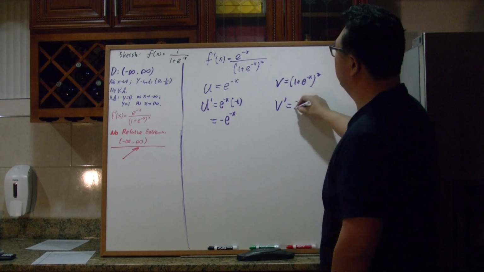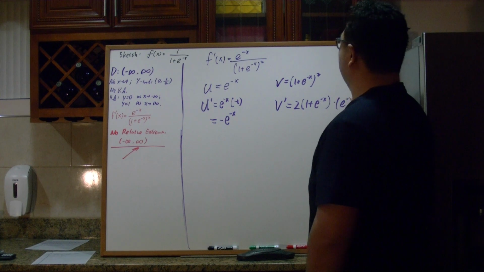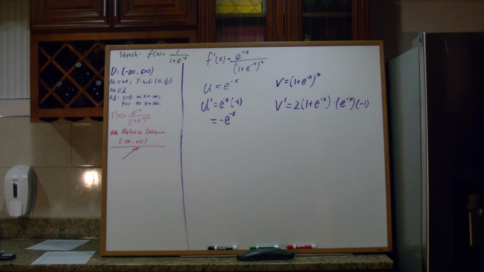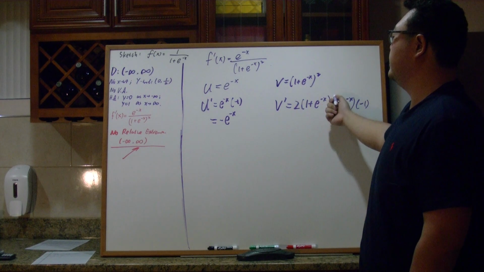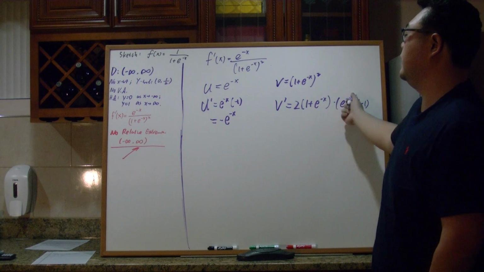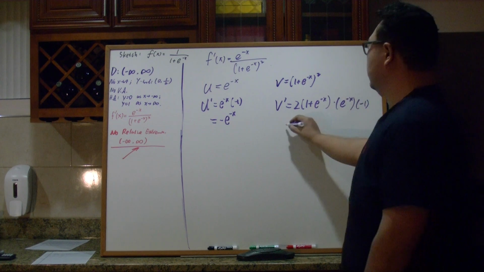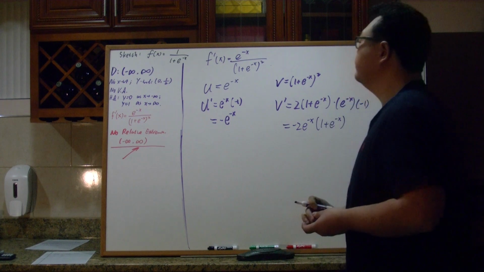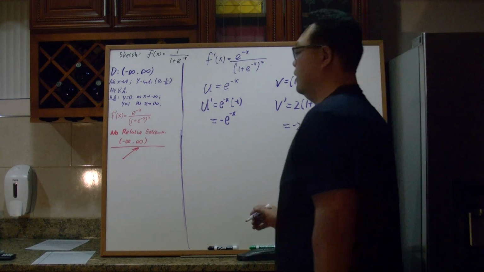V prime, that's twice of 1 plus e to the negative x times e to the negative x times negative 1. To apply the chain rule, the power first, then the inside: copy down the first power, multiply by the derivative of the inside, which is e to the negative x, and derivative of power, that's negative 1. That's negative 2 e to the negative x times 1 plus e to the negative x. So many steps.